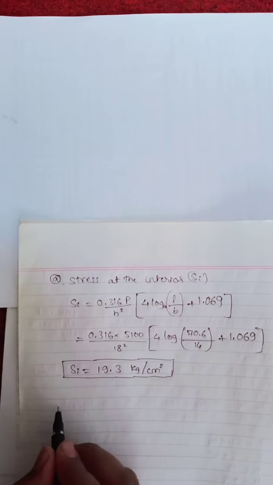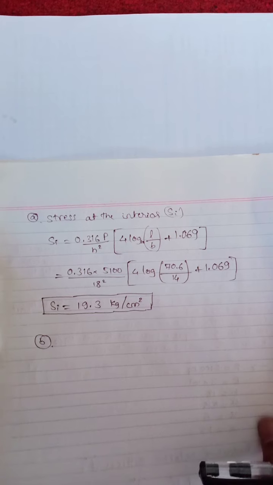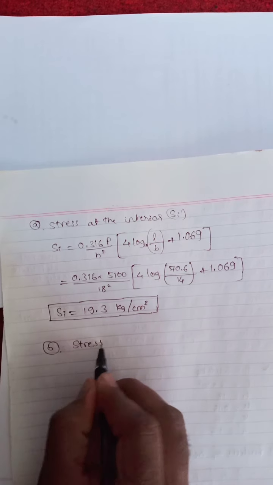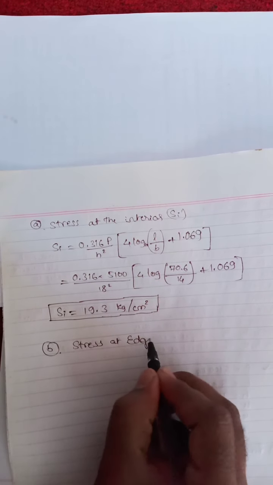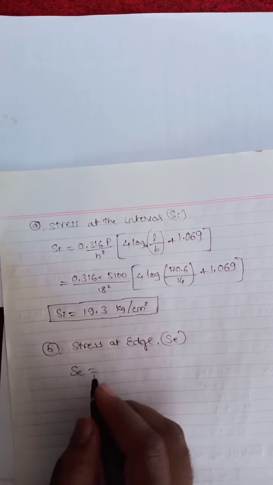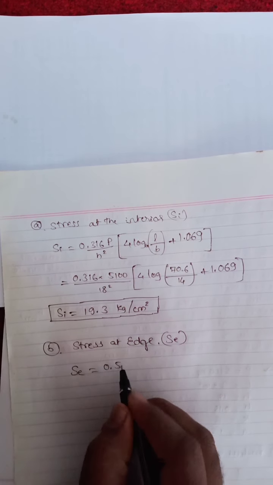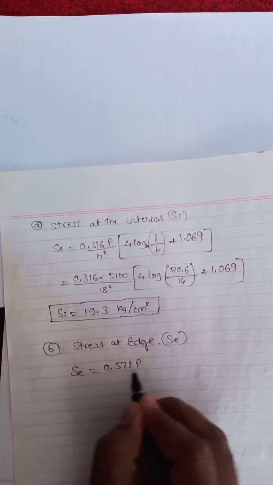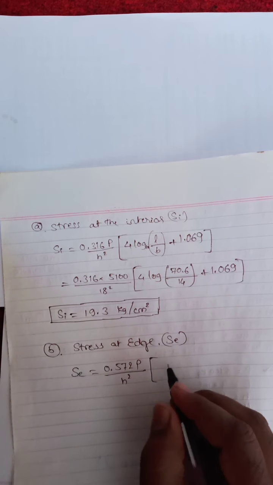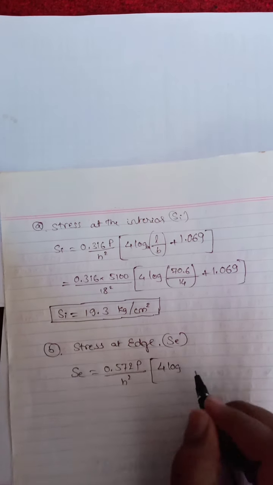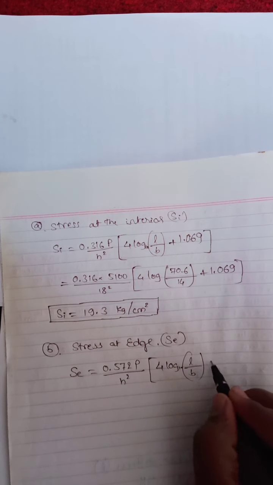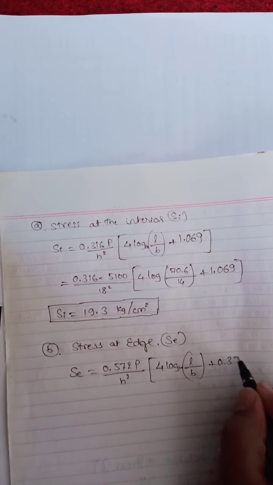Next is stress at edge, SE. So you know the formula, SE is equal to 0.572 P divided by h square, bracket 4 log L by b plus 0.359.